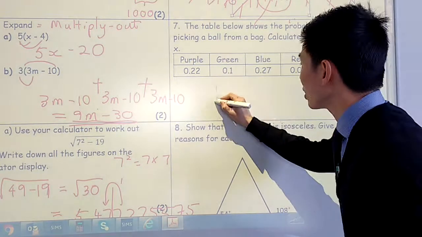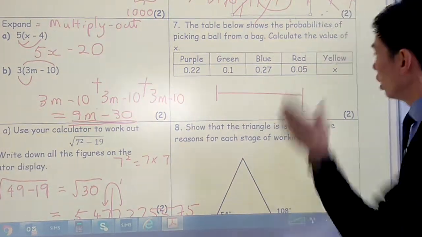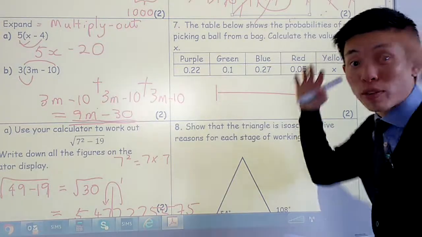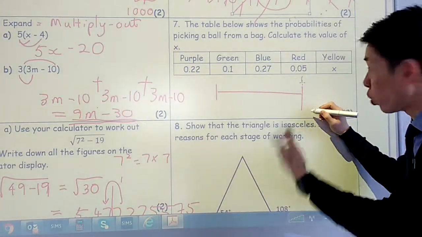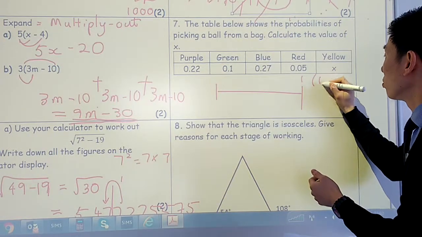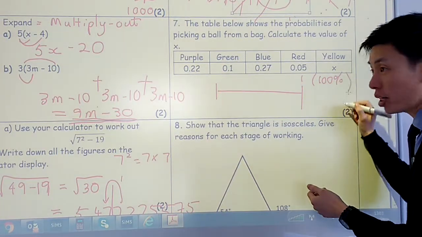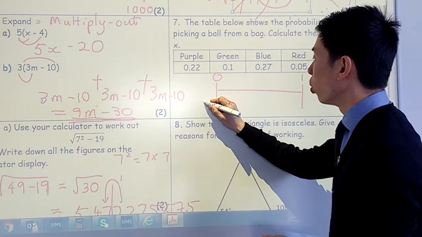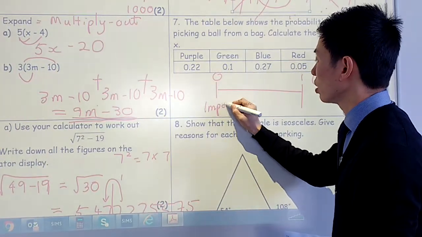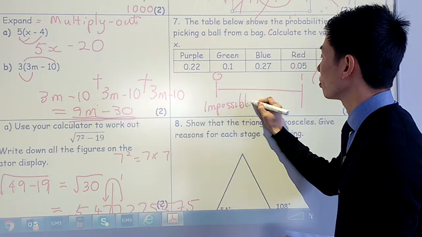Now, did you know that probability, for something to really, really happen for certain, the probability is 1. Certain is 1, or 100% is going to happen, right? If it's not going to happen, impossible is 0, or 0% as well.